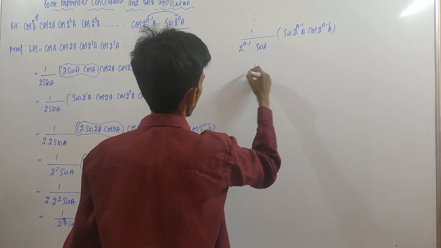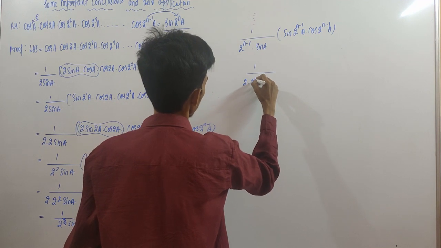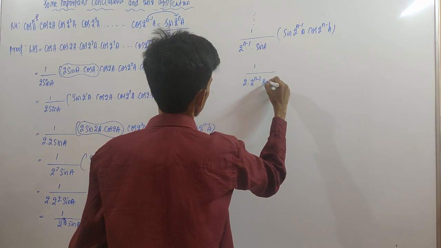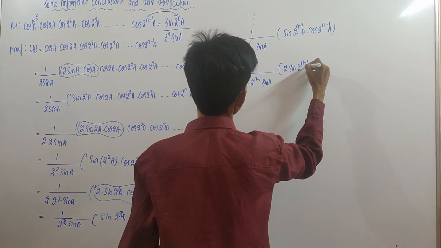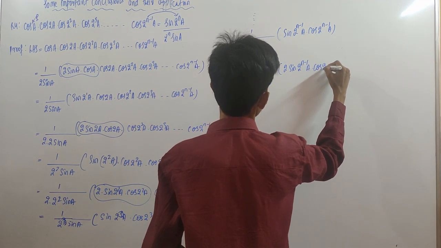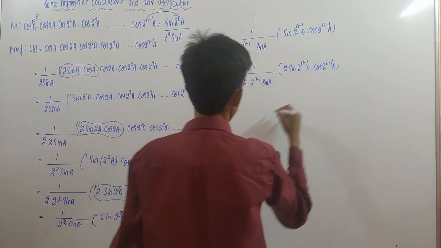So we have 1 by 2 into 2 power of n minus 1 sin A, 2 sin 2 power of n minus 1 A cos 2 power of n minus 1 A.